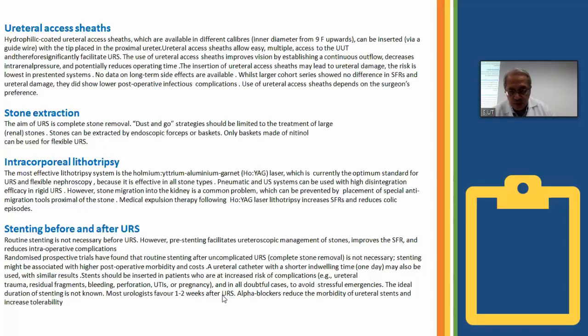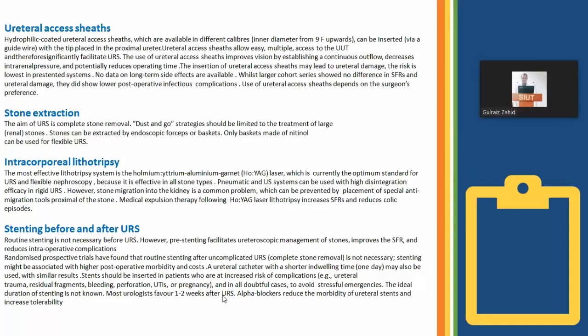I have posted one article, the history of guide wire, to your WhatsApp group, and I think it is very interesting to read about it, because this is something from where we have advanced too quickly to another dimension in urology.